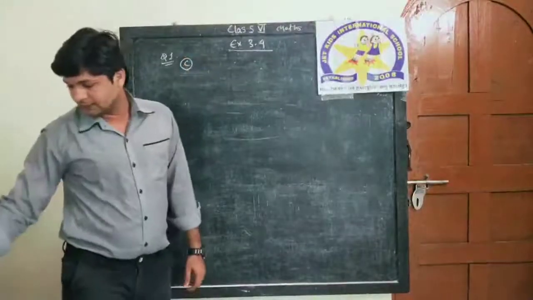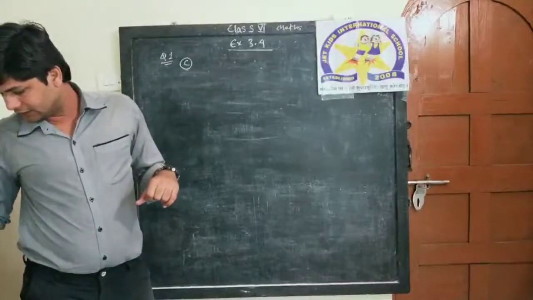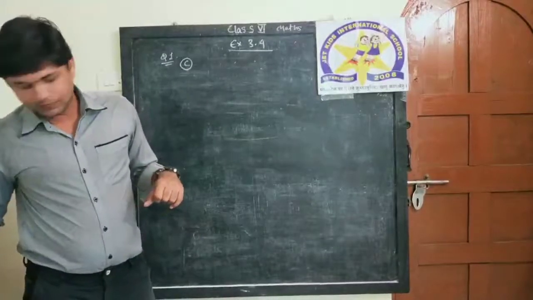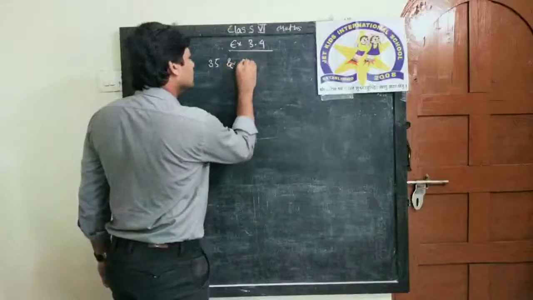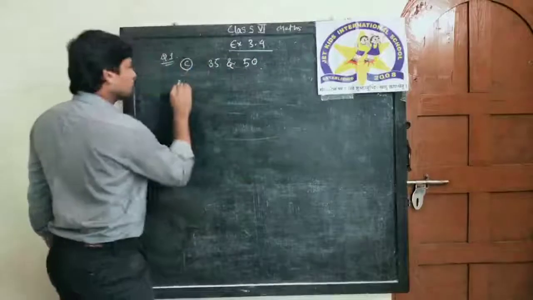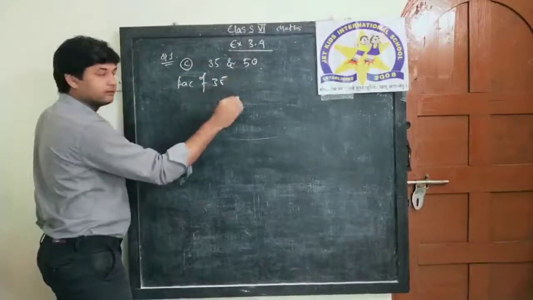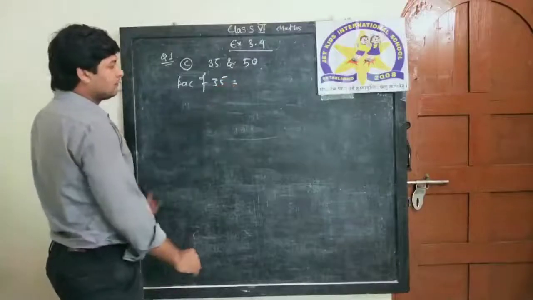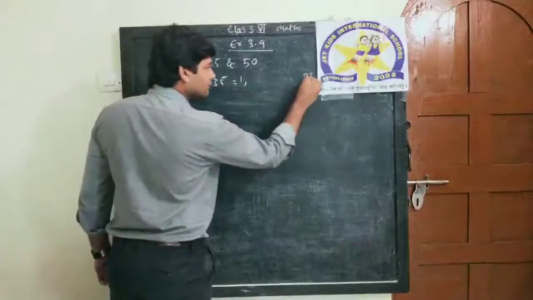The next question, that is C. Factors of 35 and 50. Factors of 35 are, first, 1 multiplied by 35.